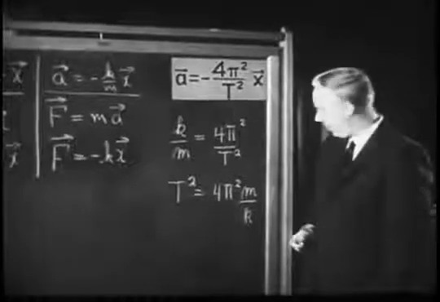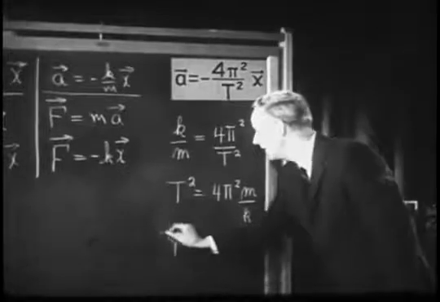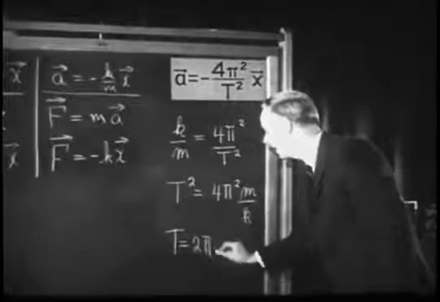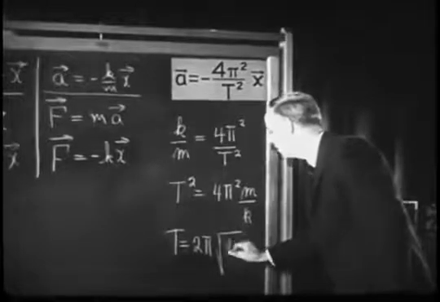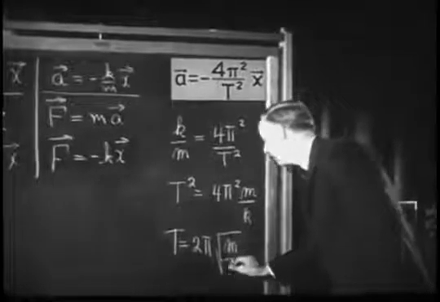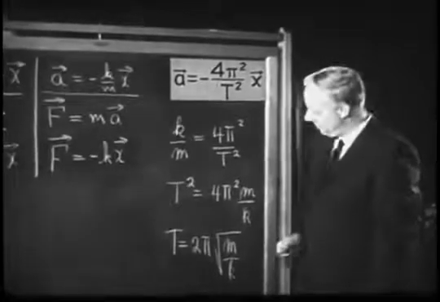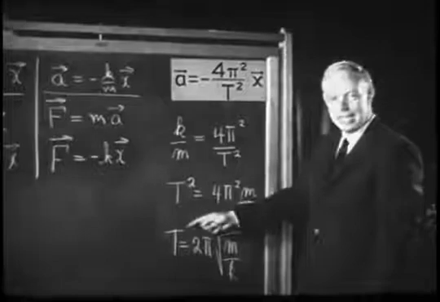Now I have to take the square root. T is equal to 2 pi times the root of m over k. Finally, we have it, an expression for the period T.